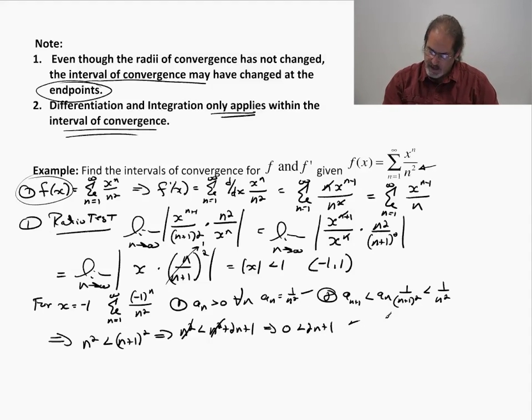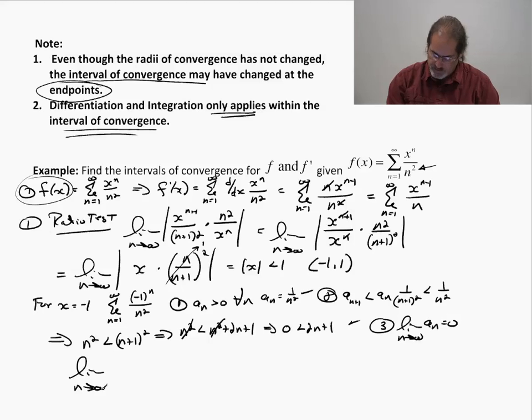So check. And the last thing that I really need is I need the limit as n goes to infinity of a_n to be 0, which it is, because if I take a look at the limit as n goes to infinity of 1 over n squared, that is in fact clearly 0. So check.